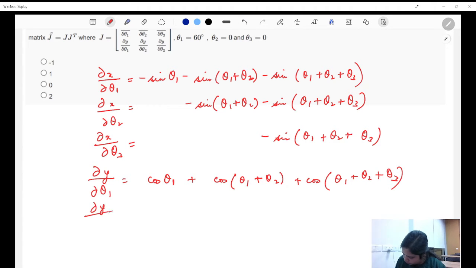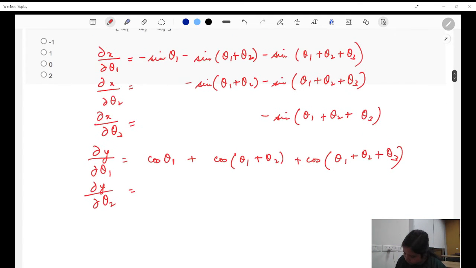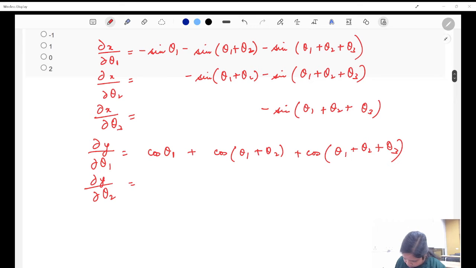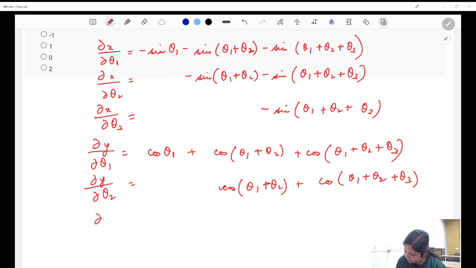Please keep on solving, because the ultimate answer you are going to only bring it. And del y upon del theta 3 is cos(theta 1 + theta 2 + theta 3). All right.